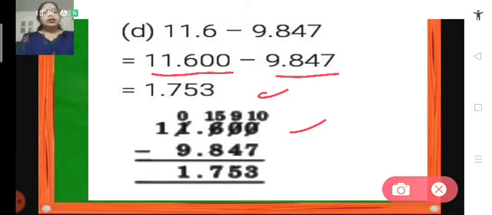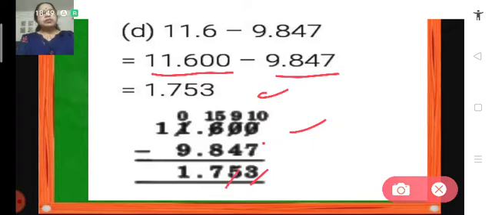Now we have 0 in the thousandths place, in the hundredths place also we have 0. So we subtract by borrowing the numbers. So the 0 in the thousandths place becomes 10. So 10 minus 7 becomes 3, and 1 is borrowed.